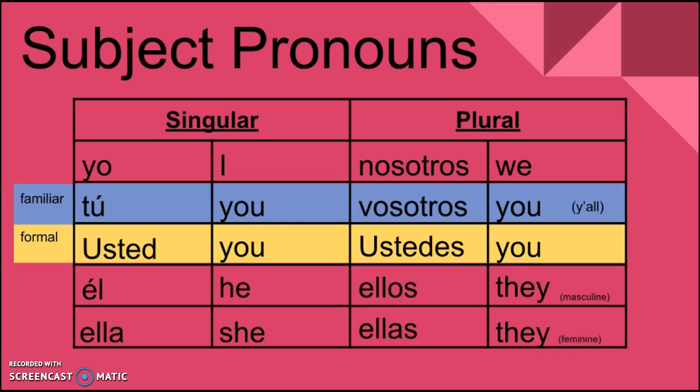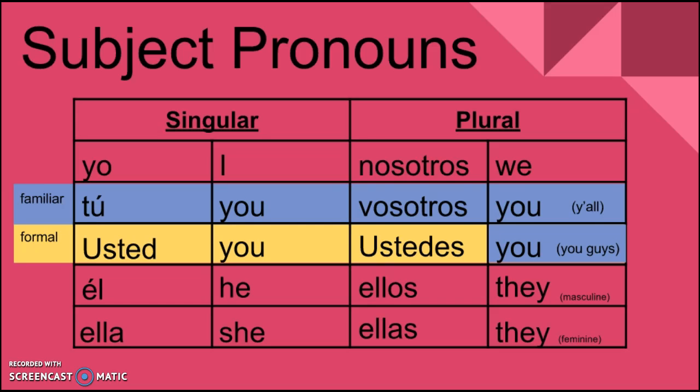Y'all is a phrase that's used in some parts of the United States and where English is spoken, but it's not really used everywhere. The more common phrase we would use is more like you guys, if we're talking about you and it's a group of people. So where y'all is used in some instances, like in Texas or different places in the South, you guys would be the more common phrase that we would use.